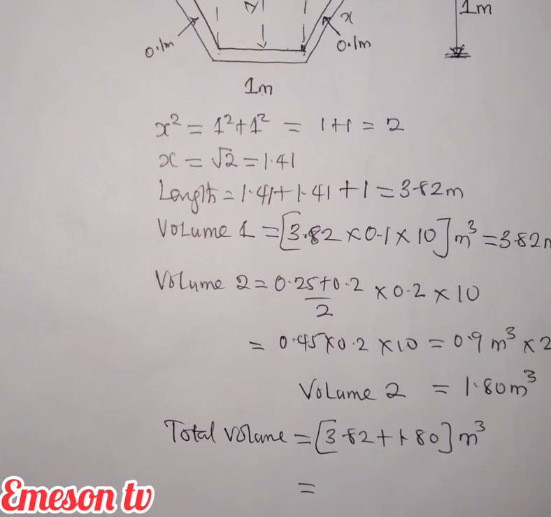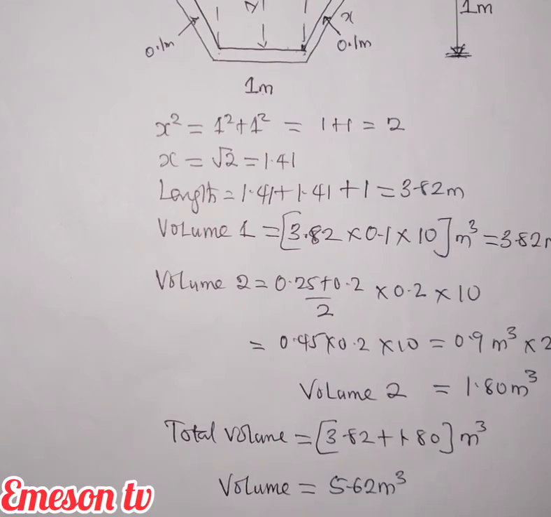So when you add this and this, it will be giving you 5.62 meter cube. So this is the volume of concrete for this trapezoidal drain with the following dimensions for 10 meter length of it.